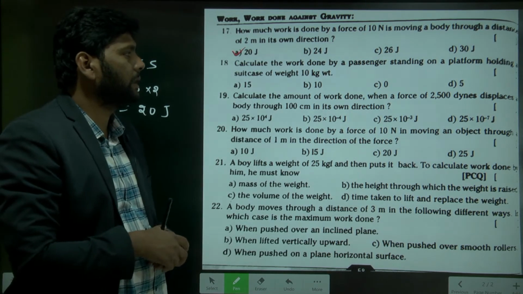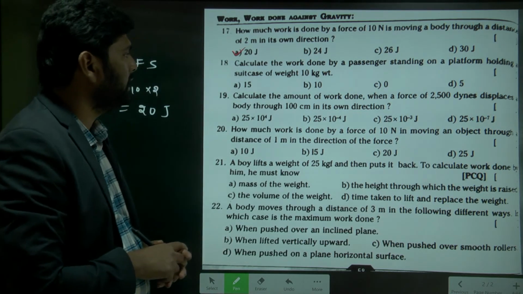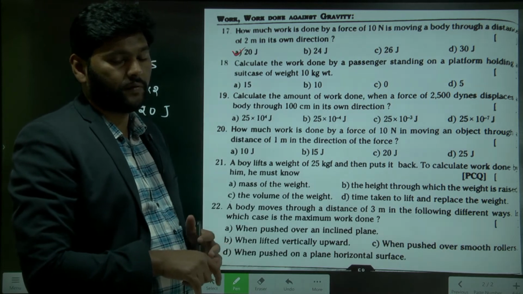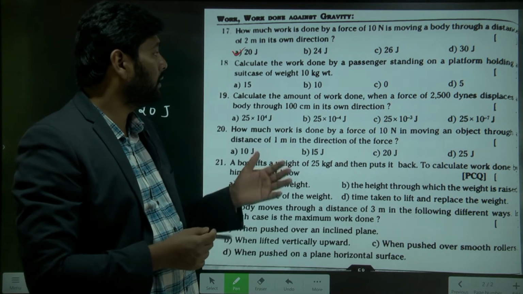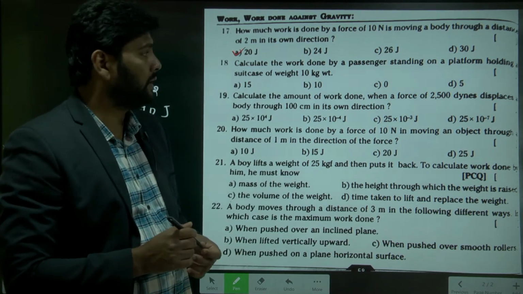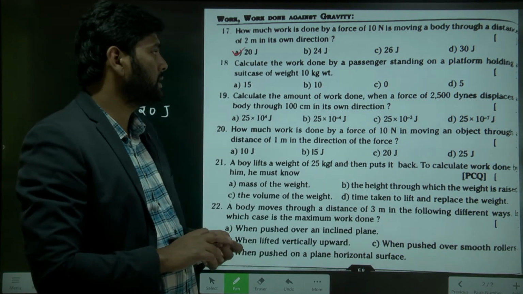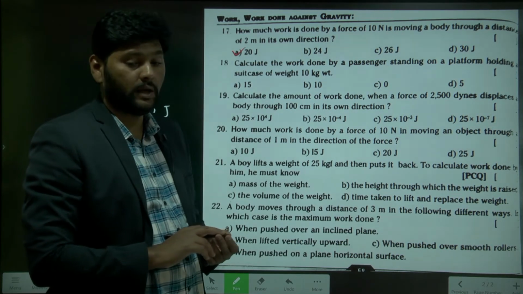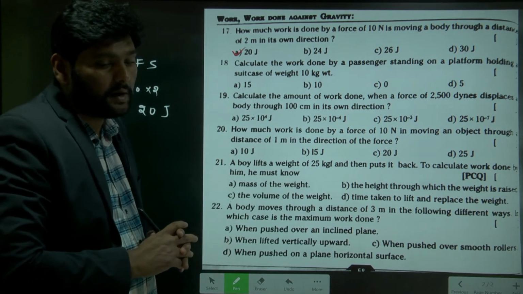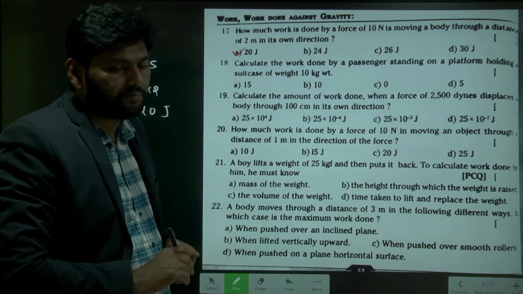Next, same way, 18th one. Calculate the work done by the passenger standing on a platform holding a suitcase of weight 10 kg weight. Kg weight is also a unit for force. So here the passenger is standing on a platform holding a suitcase. How much weight is he holding? 10 kg weight. Then what is the work done? Option B, sir.